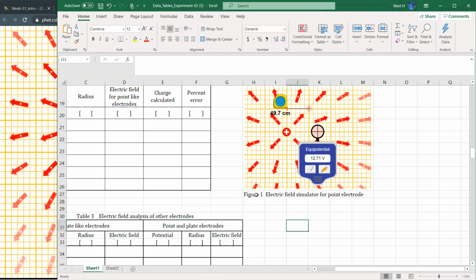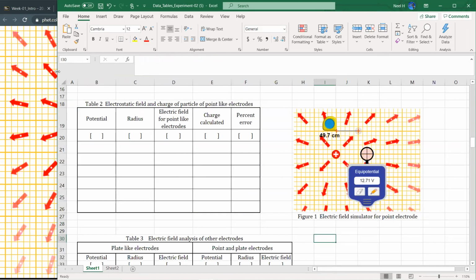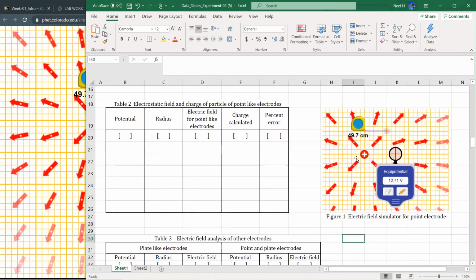So make sure if we have a picture, it always has to be named properly by using the figure term. Okay, so that is actually needed if you're doing the lab report later. This should be included in your lab report.